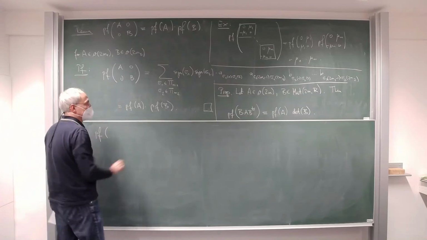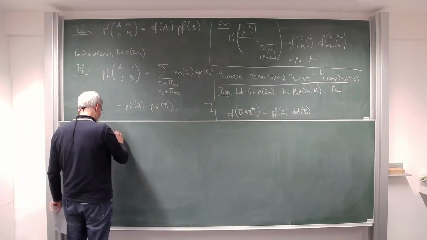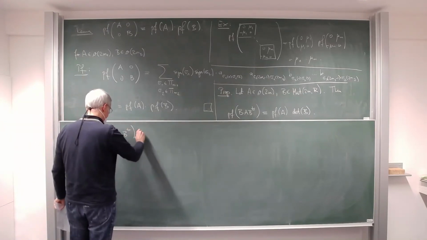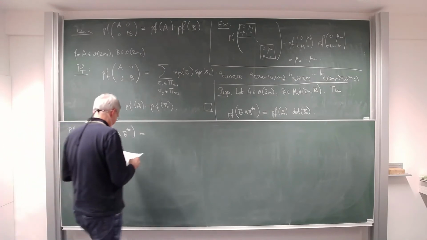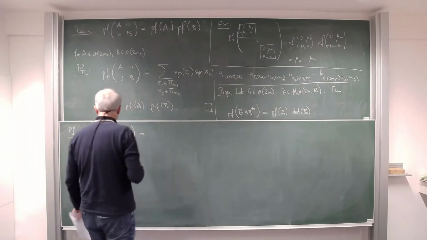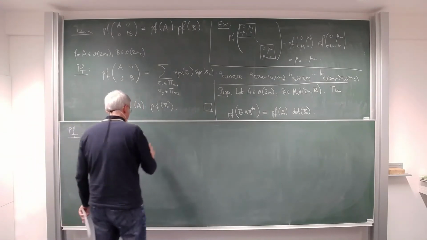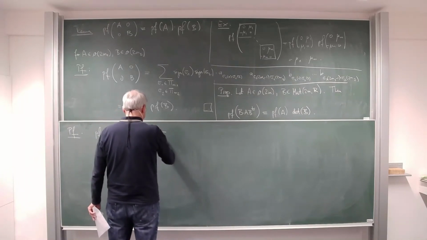The Pfaffian, so the left-hand side of this expression. So let's really write it down using this definition with partitions. So then we get, oh no, I'm using the original definition with permutations. So I have this factor to carry along.